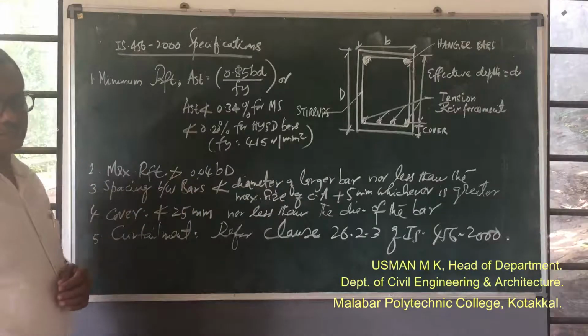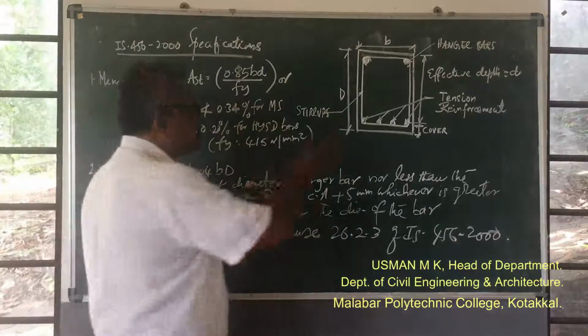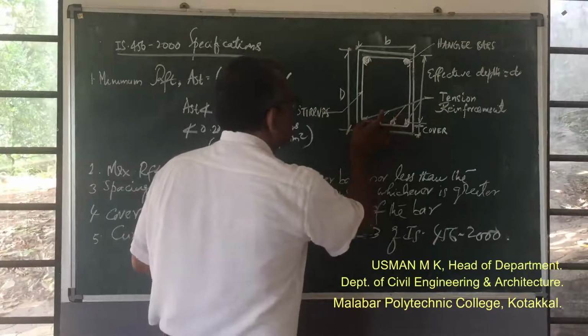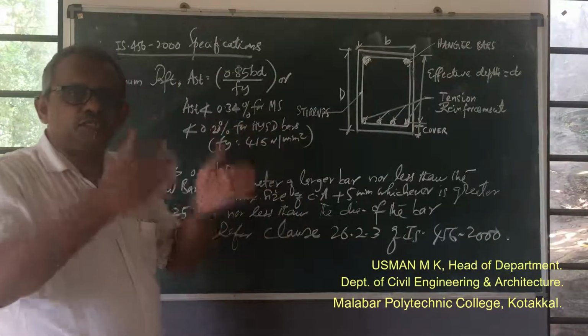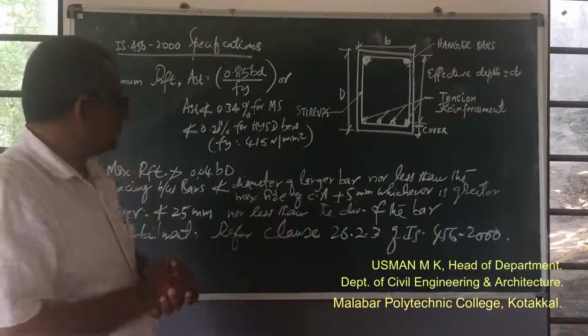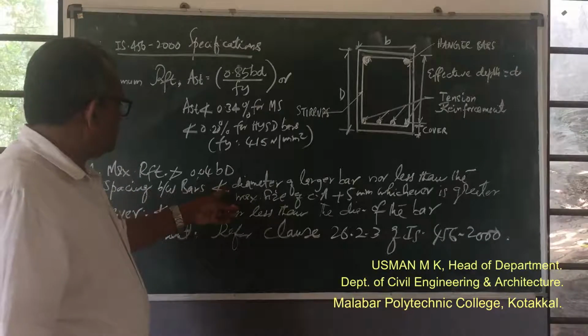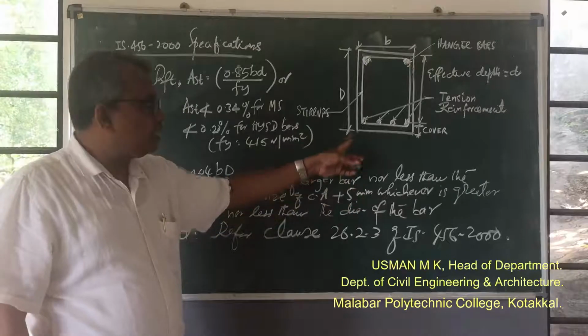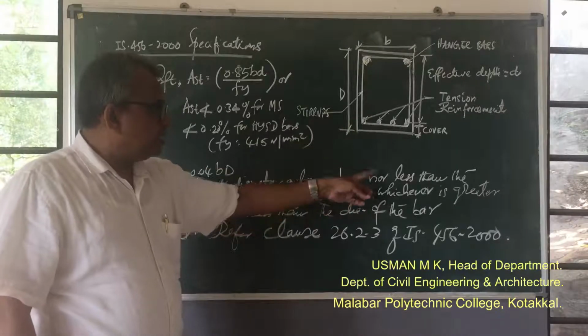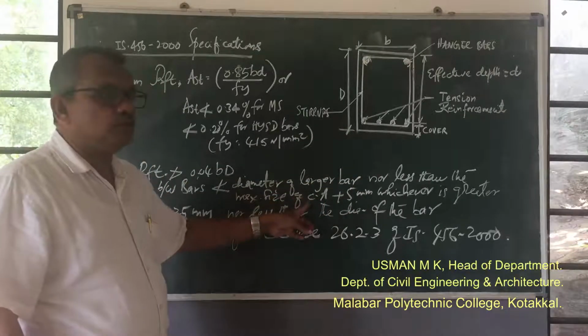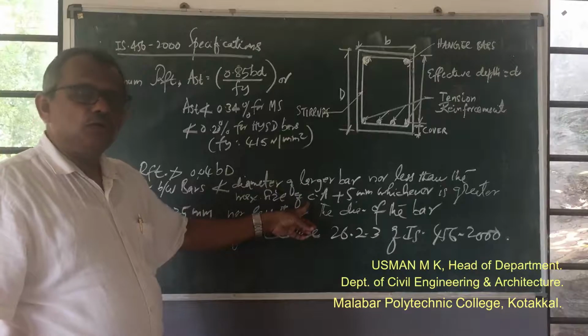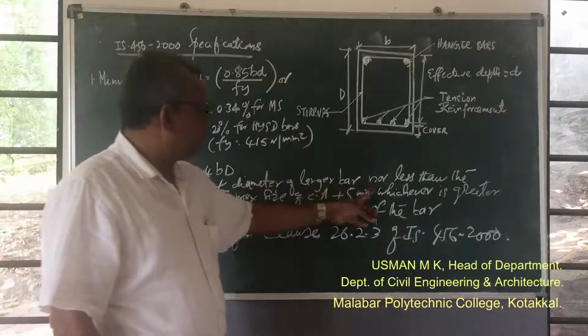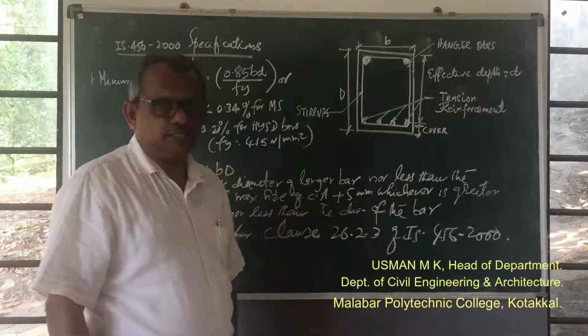Spacing between bars. While we provide the reinforcements, what about the spacing between the bars, the center to center distance between the reinforcements? That is not less than the diameter of the larger bar, nor less than the maximum size of coarse aggregate (CA) plus 5 mm, whichever is greater.